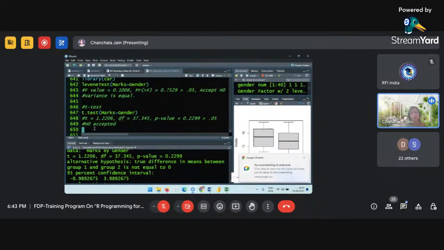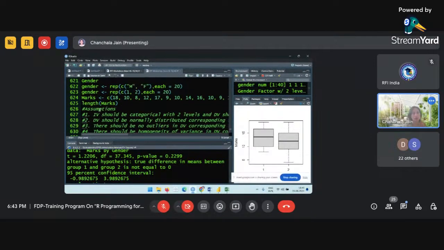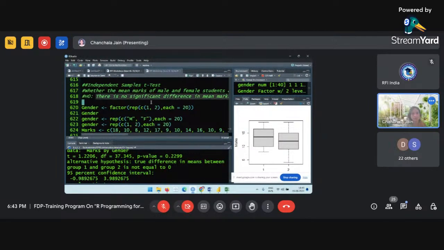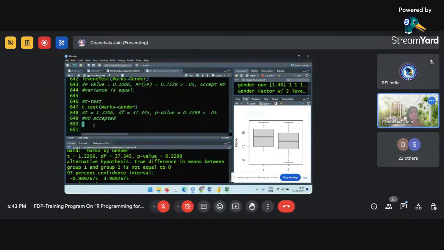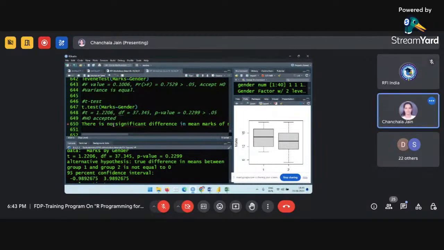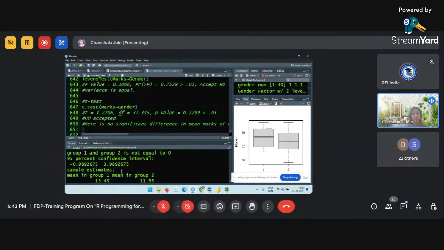So that means we are going to accept the null hypothesis, and we can conclude that there is no significant difference in the mean marks of the male and female students. That means almost marks are similar. Now you can see the mean differences also. For group 1, it is coming 13.45. For next group, it is coming 11.95, right?